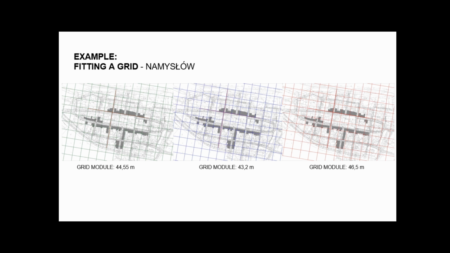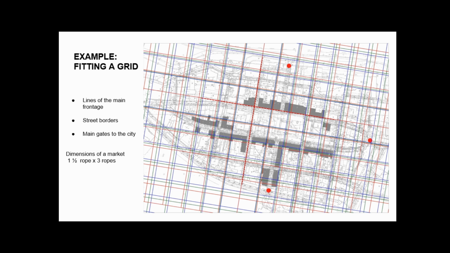And when we check it geometrically, we orientate and locate this grid on very important elements of the town. So you can see that the frontage of the north elevation of the main square and the west elevation give an orientation angle.